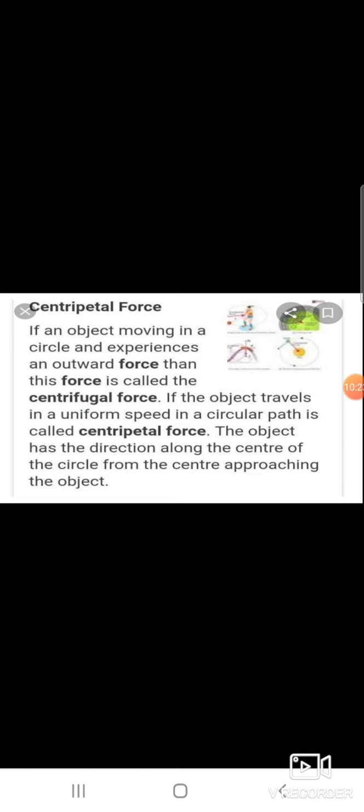If the object travels at uniform speed in a circular path, the force directed along the center of the circle is called centripetal force. Okay students, thank you.